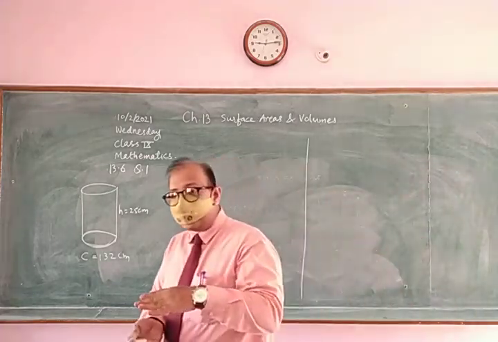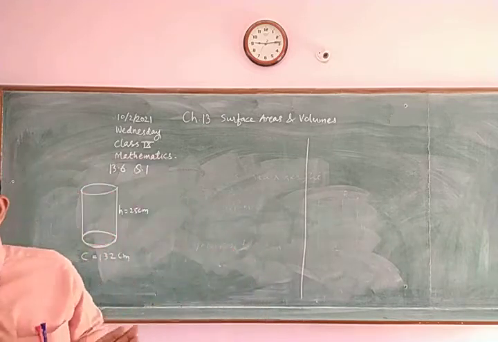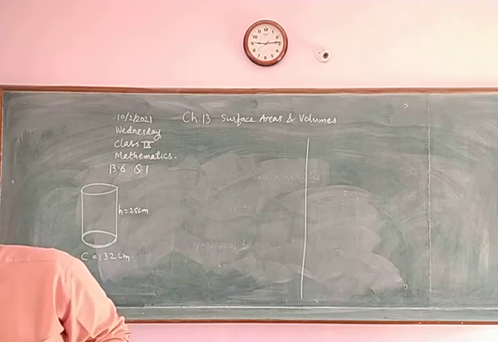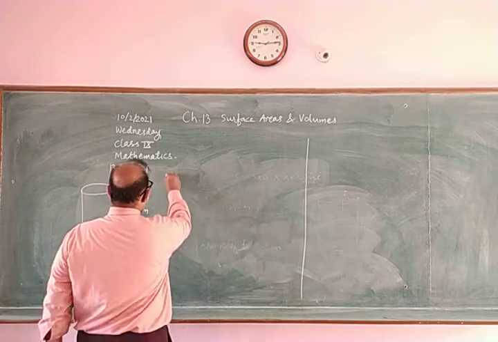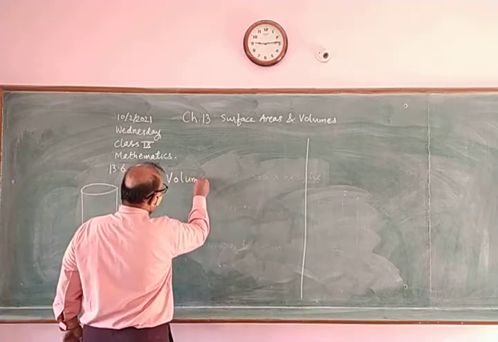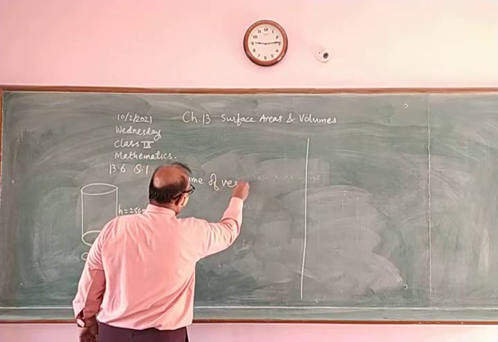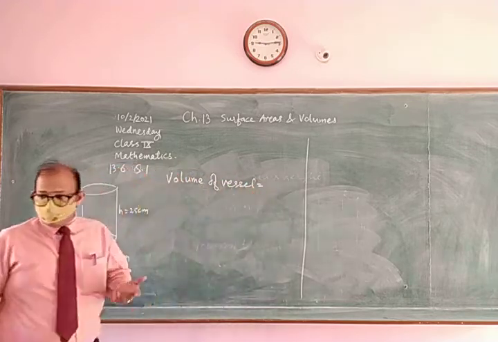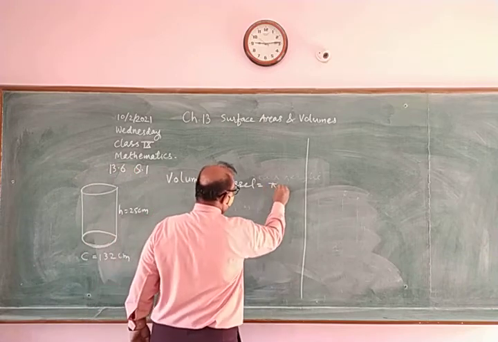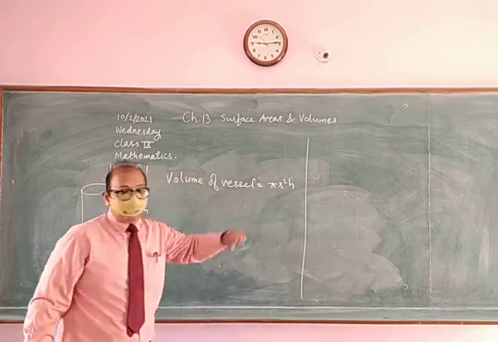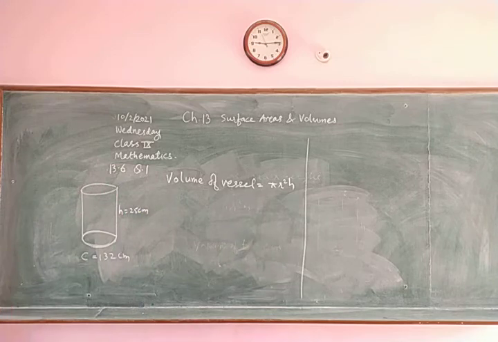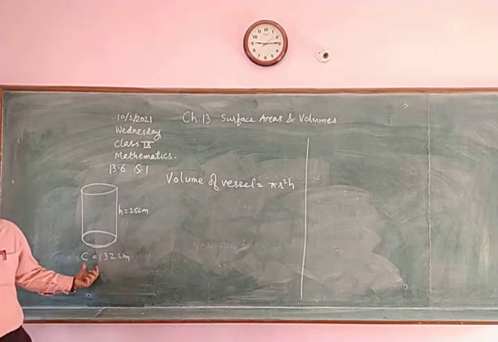So first we find the volume of this vessel. Volume of vessel is equal to pi r square h. But you see the radius is there in the formula, and radius is not given in the question. So first we have to find the radius with the help of circumference.